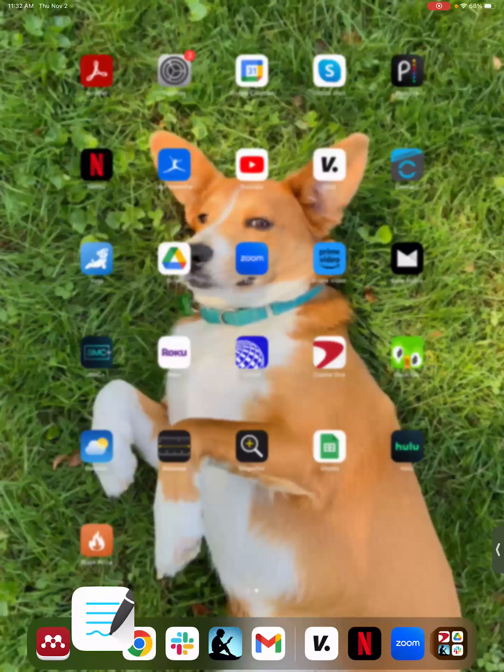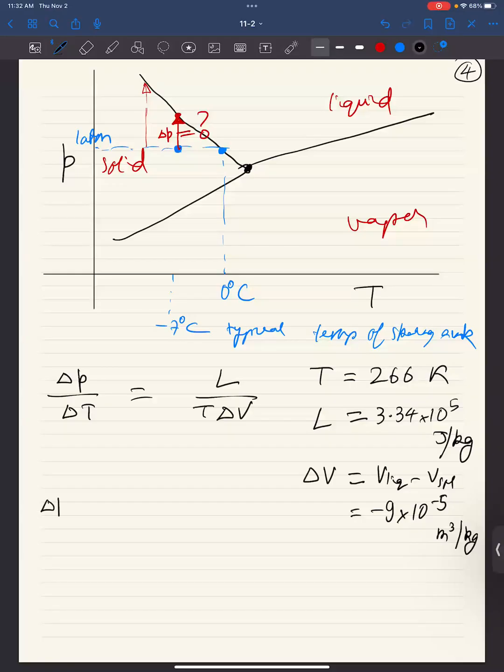So let's calculate delta P by plugging in these values. Delta T we know. So delta T is 7 Kelvin, right? So we put delta T equal to 7 Kelvin multiplied by L, which is 3.34 times 10 to the power 5, divided by temperature, which is 266, multiplied by volume change, and the whole thing is negative.